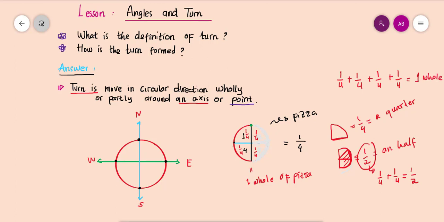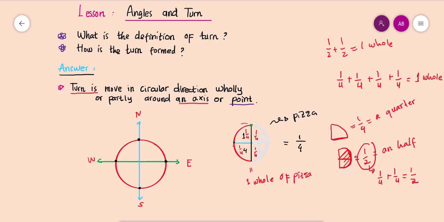Can you get it? And you can see how many halves together make it up. 1 half, and then we cut 2 halves over here. So that means a half plus a half is also 1 whole. Can you get it until now, everyone?